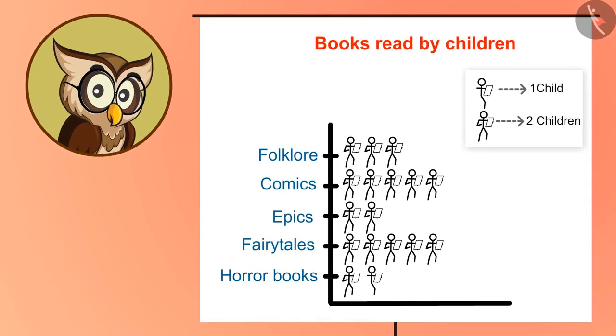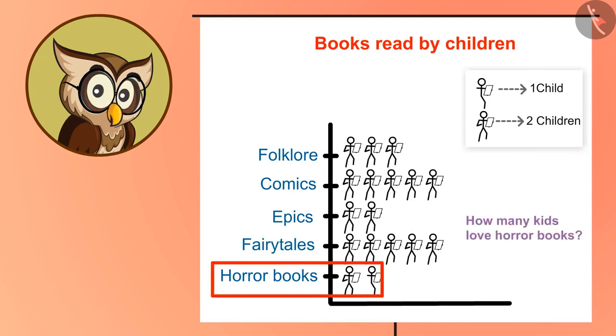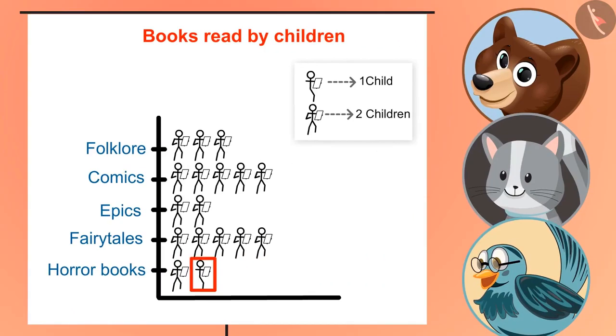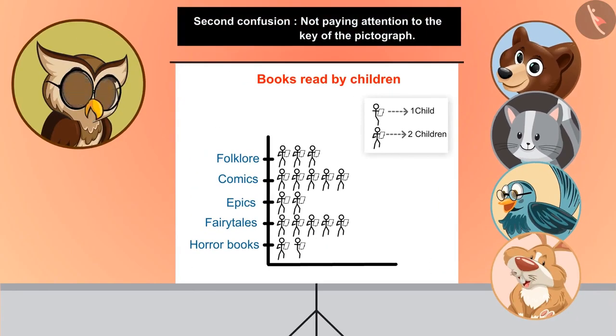Now again, take a look at the pictograph. Who will tell me how many kids love horror books? But here we have only half a stickman. Right. If a whole stickman means 2 children, then half the stickman will mean 1 child.